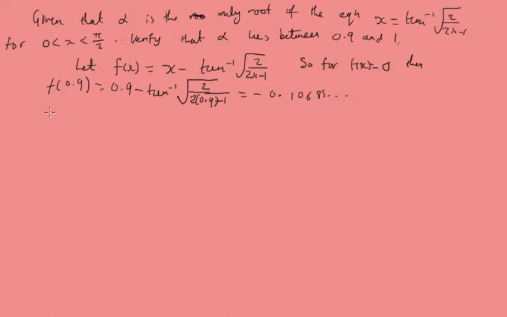So now f of 1 is 1 minus the inverse of tan 1 over 2 minus 1.